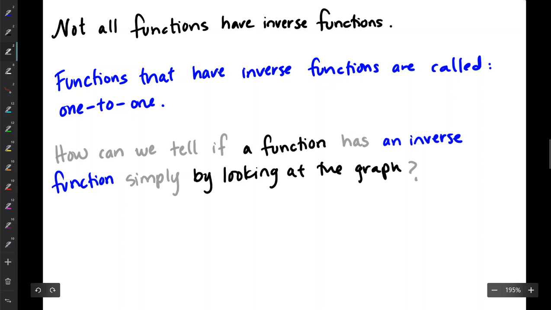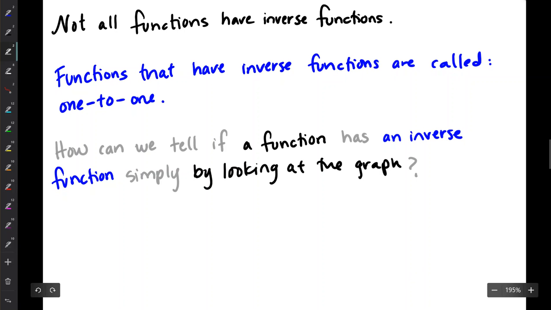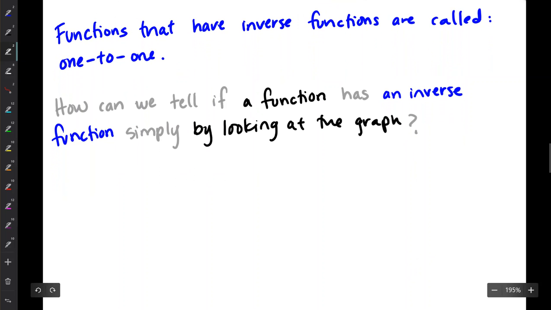All right, so remember, we do have a way to quickly see if a graph itself is a function, and that was the vertical line test. The horizontal line test will say if that function has an inverse.